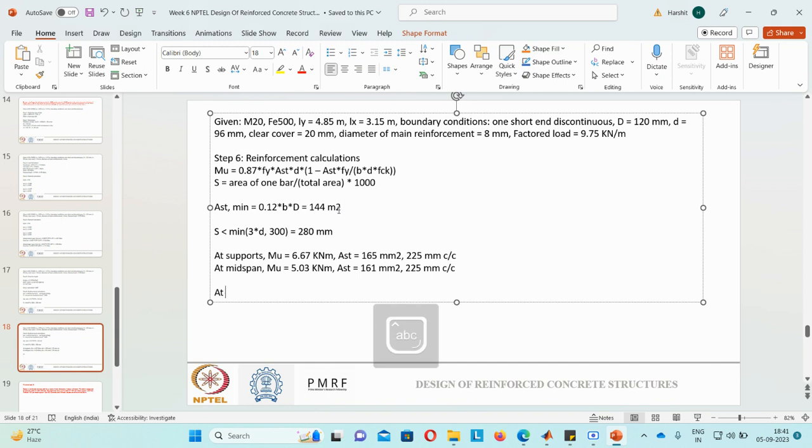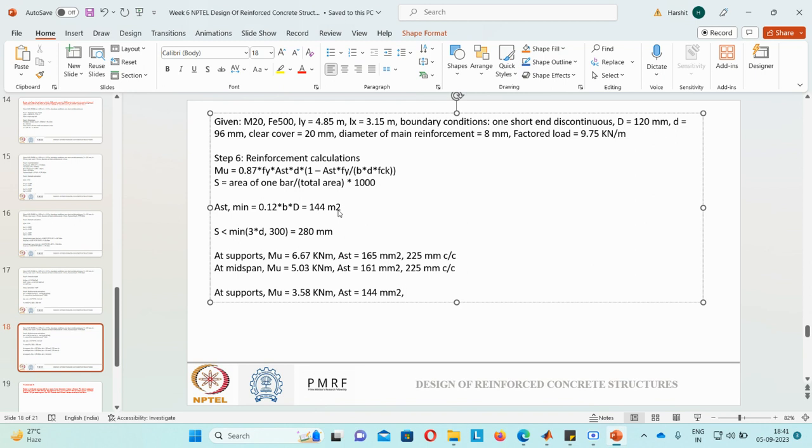Similarly along the longer side at supports, Mu is 3.58 kilonewton meter. So your Ast will come out to be 113 mm square. Now this is less than 144 mm square, so we will provide 144 mm square. Rather than what we are getting, we will provide the minimum reinforcement.